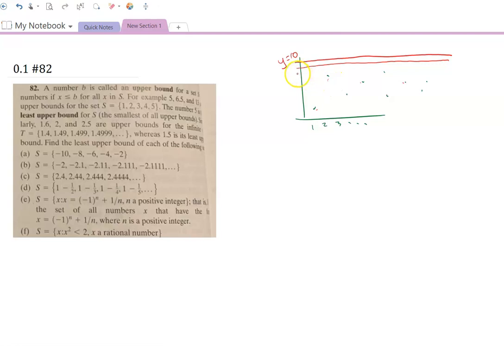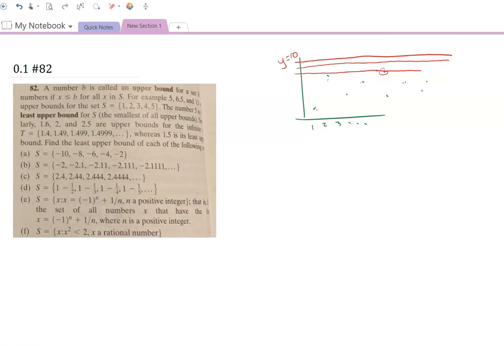Or we can get all the way down to, whatever, we'll pretend that that one right there is the top one. But the idea is for the least upper bound, we want to get as absolutely close to being an upper bound without having any of the elements in the set go above that, okay?